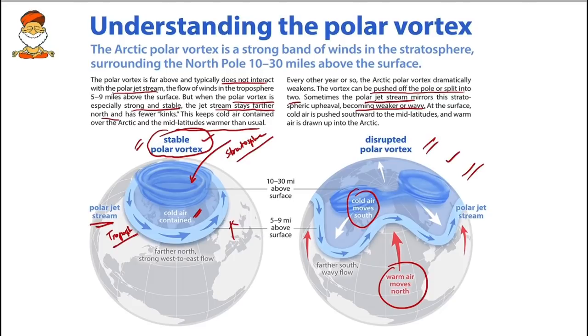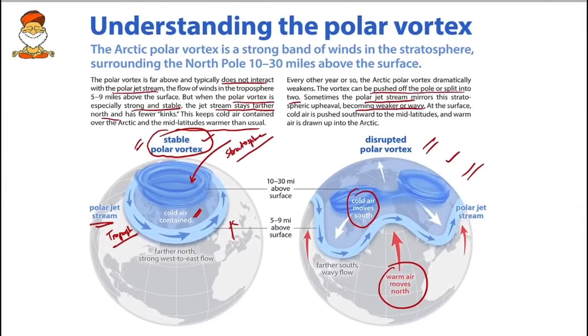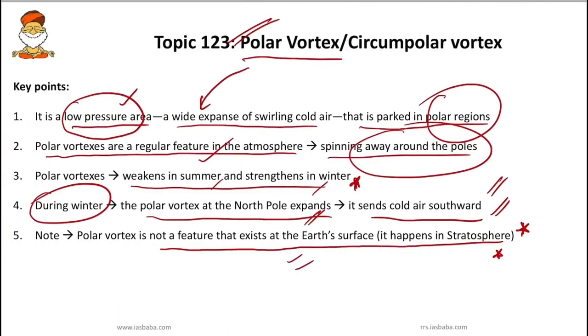What happens when the polar vortex weakens or breaks off? The cold air will try to push towards the south. I have provided here that it will send the cold air southward. Because of this, countries like the US, Europe, and even some parts of Asia experience cold breaks or Arctic kind of weather.